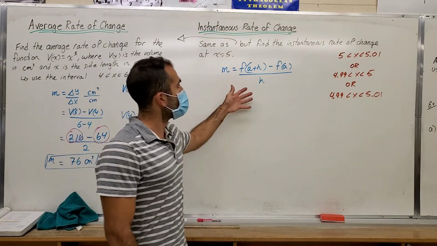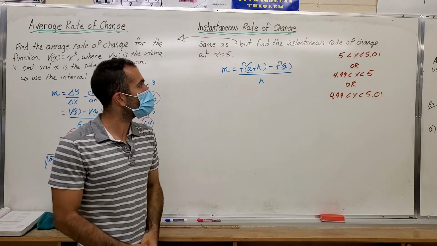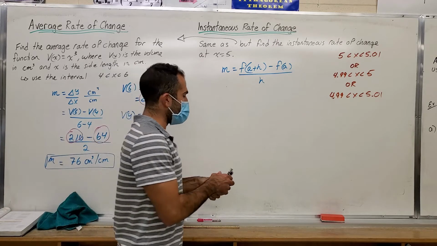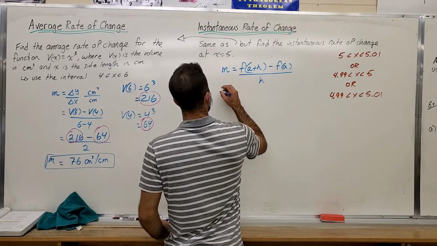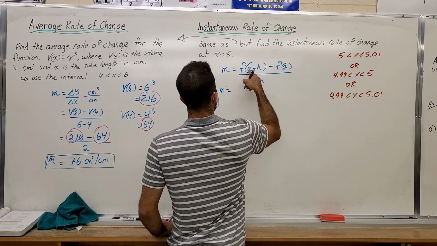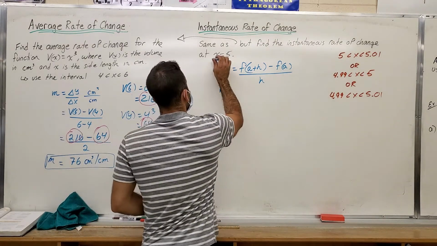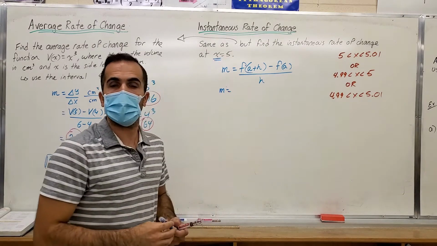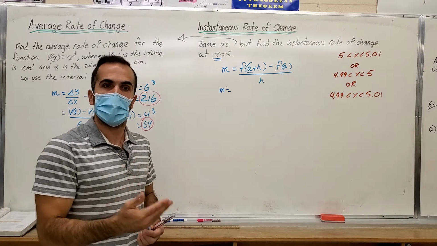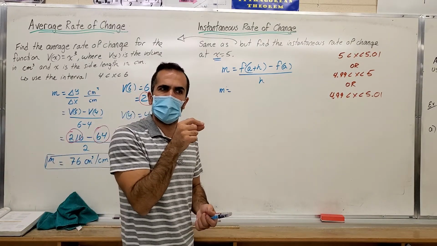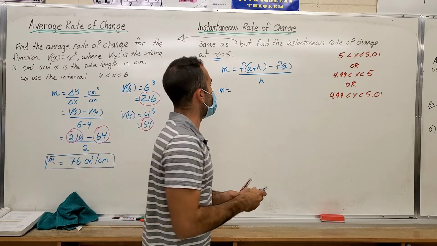All right, let's go back to the algebra. This is your formula. I'm going to plug everything into here. What's my A value? I haven't really talked about it, so I'll just tell you. It's always this. Your A value is that X value that I drew on that graph. Remember, I just called it A. It's the X value that you have to find the instantaneous rate of change.